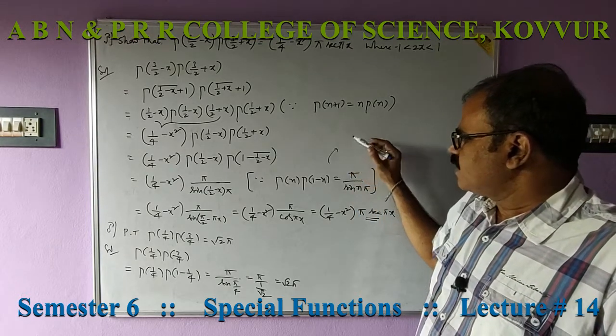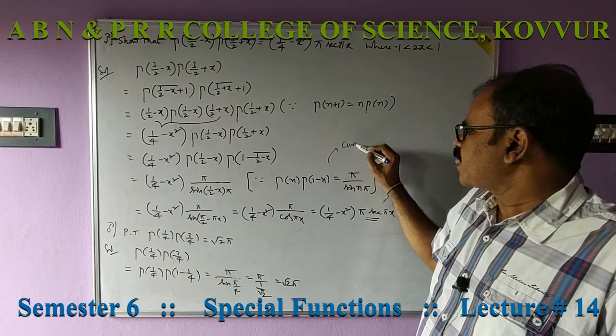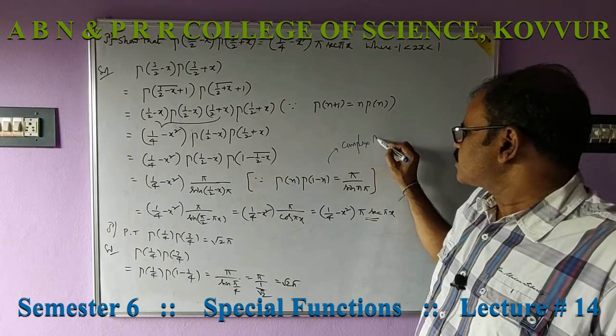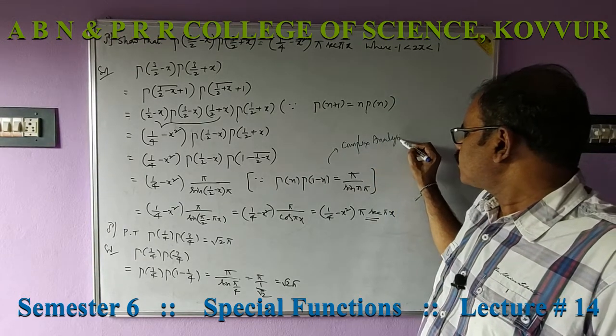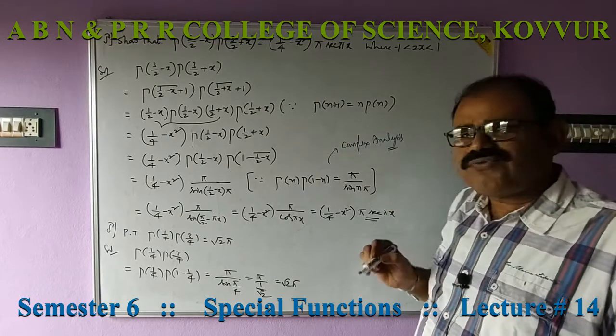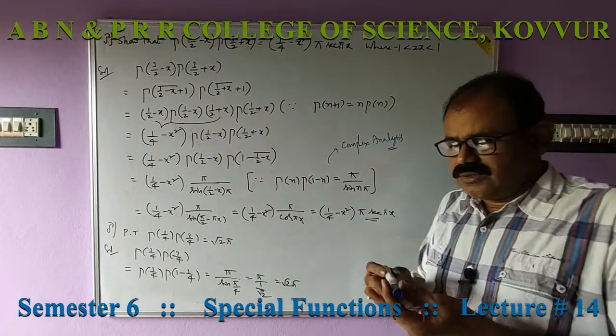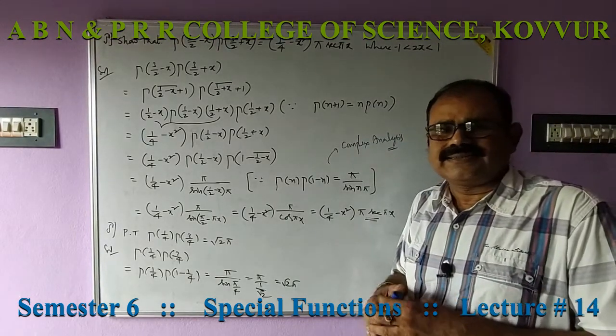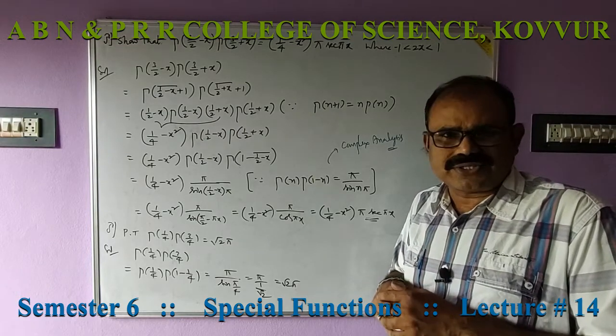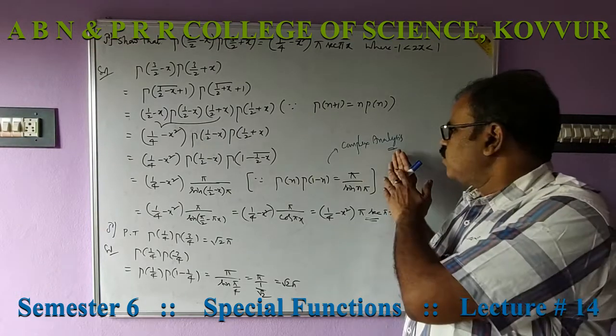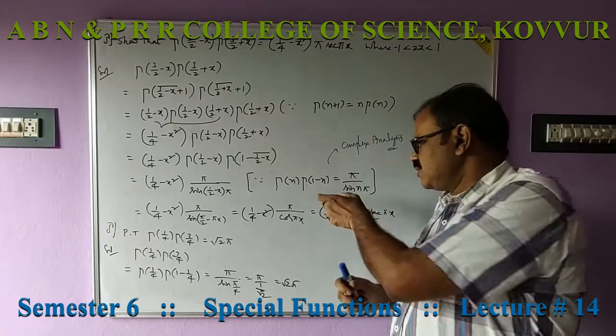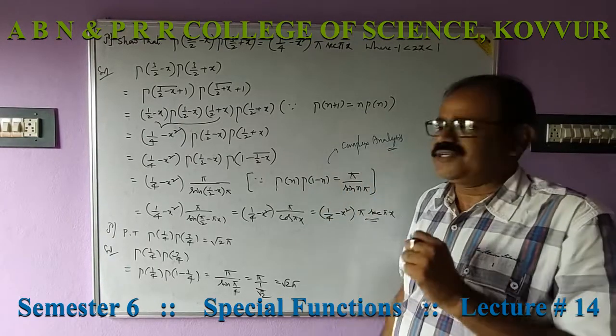This is a derivation from complex analysis. So the proof of this we don't need here. It will not be asked in the examination. So we shall make use of this standard result.